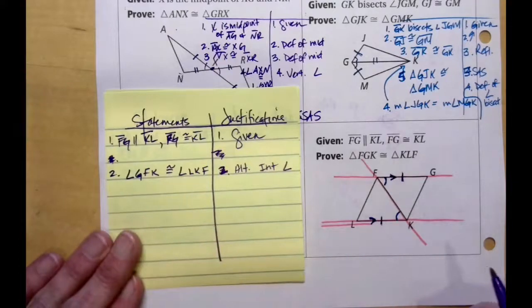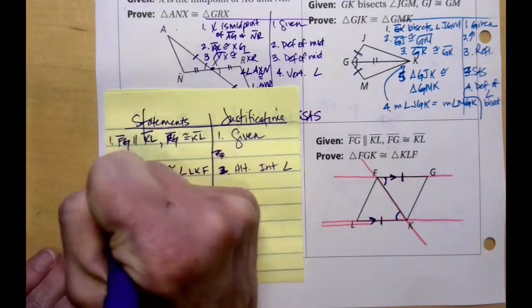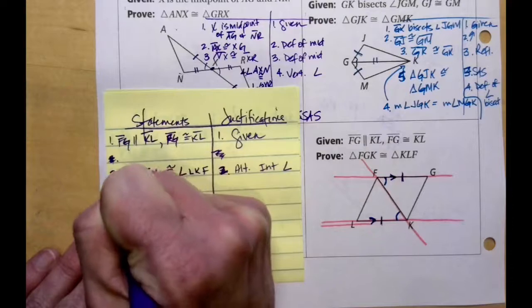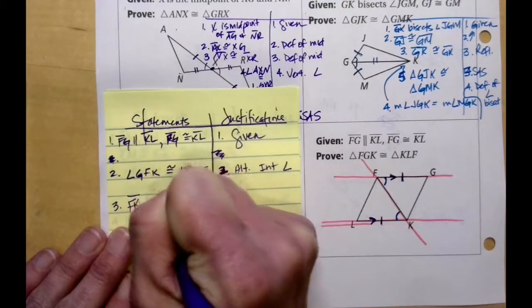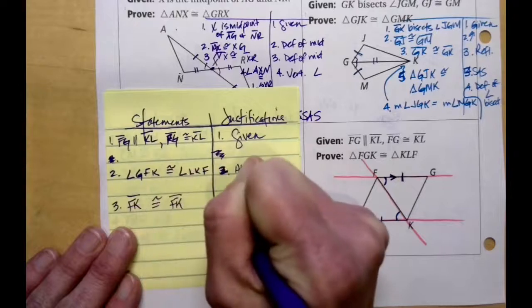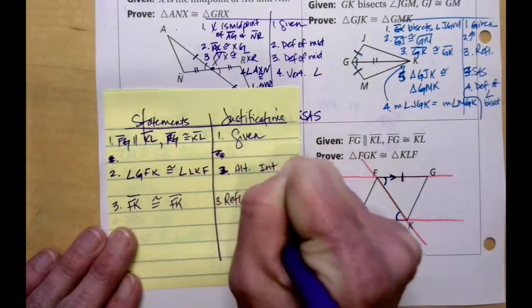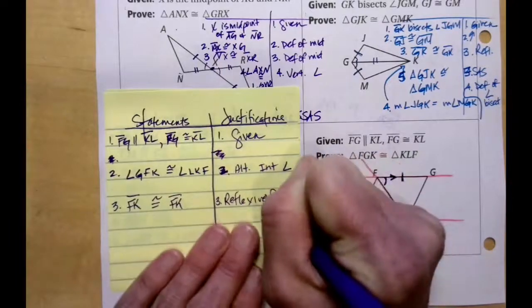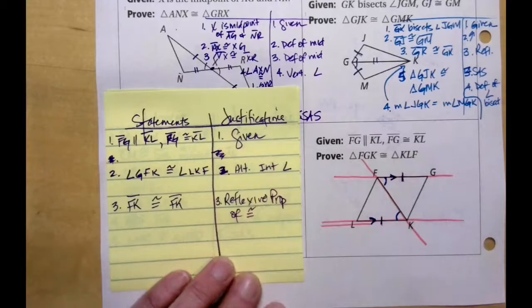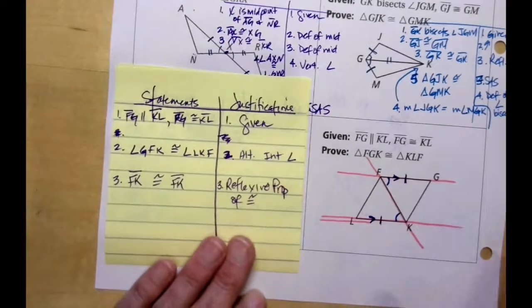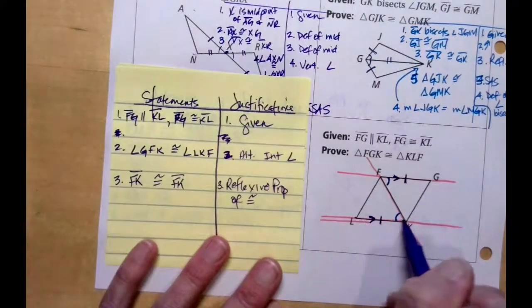I'm good there. I know that segment FK is congruent to segment FK. That is my reflexive property of congruence. And when I look at my triangles, do I have them spun around?